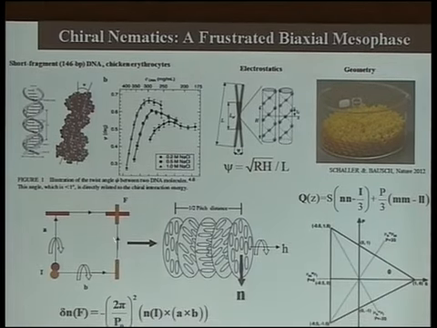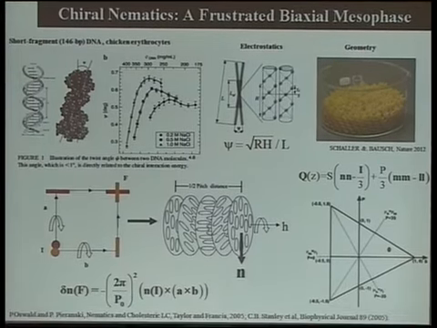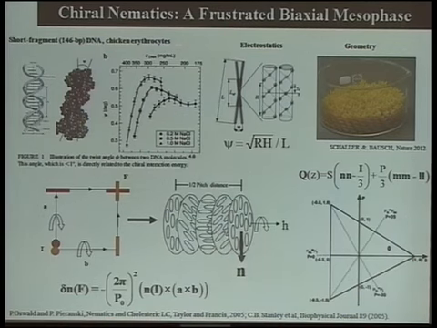Now the other important point is that this is a frustrated mesophase.